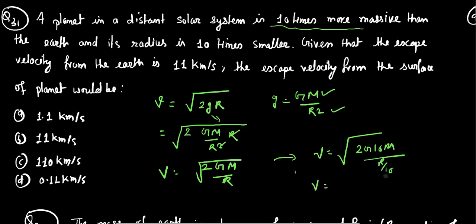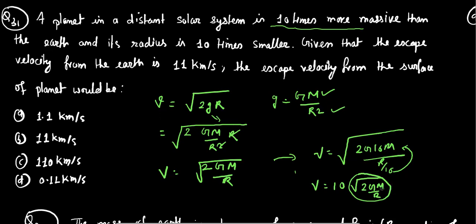So on solving, it will go here and it will make 10 into 10, that means 100. And if we take 2 outside the root, then the expression will be 2GM by R, and this is the expression for the escape velocity on the surface of Earth.